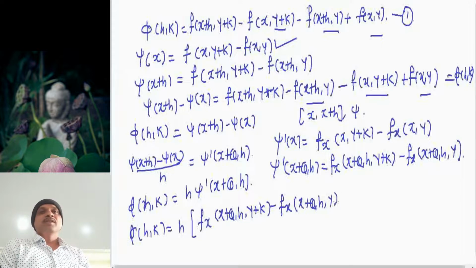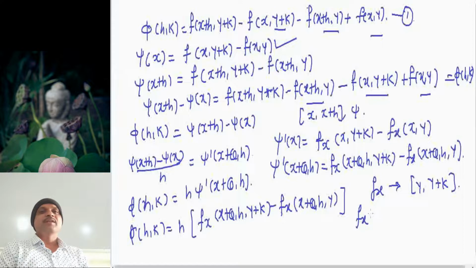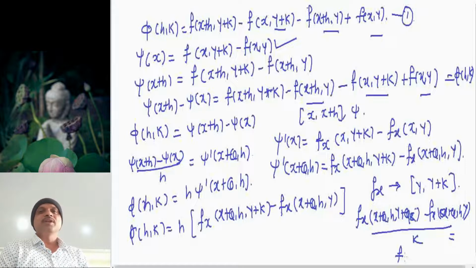So this is the function f(x, y) where the interval is y, y plus k, and for this interval if we apply Lagrange's mean value theorem, we have f(x, y plus k) minus f(x plus theta 1 h, y) divided by k equal to f_yx at x plus theta 1 h, y plus theta 2 k.